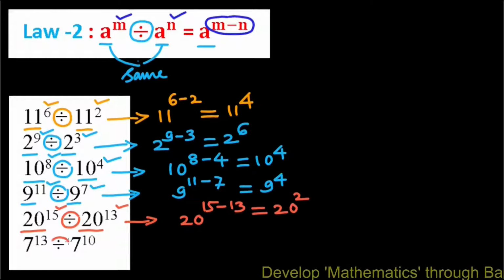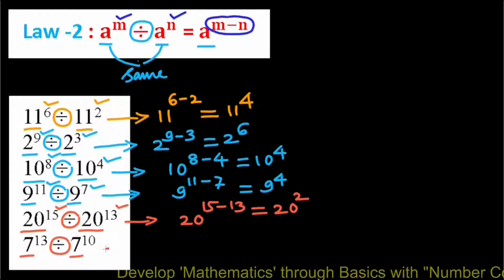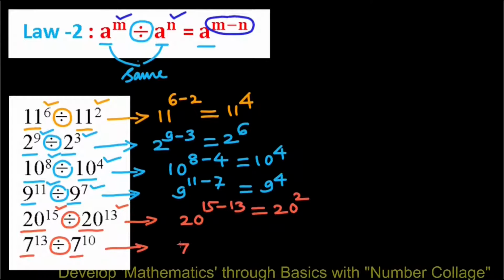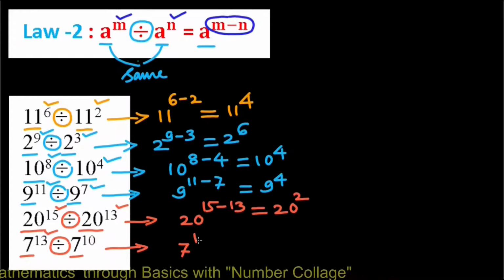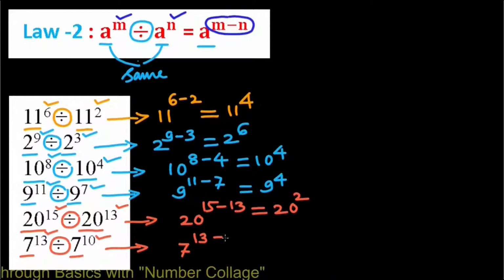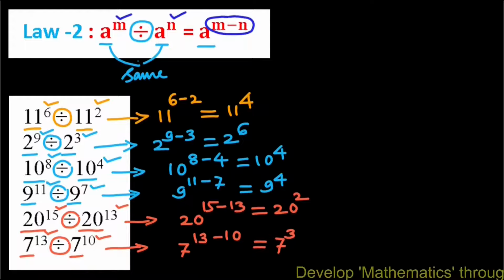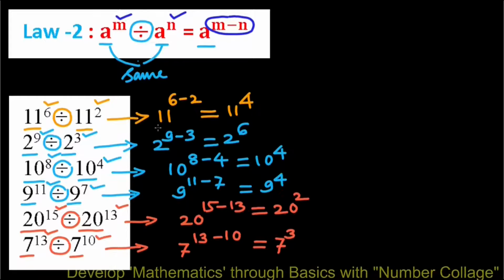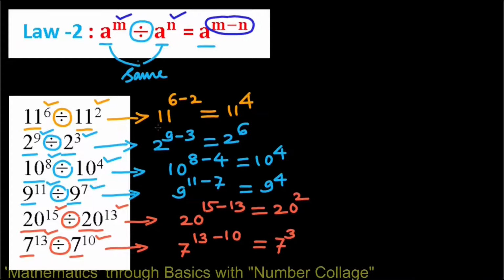There is division sign between the two numbers and the base is same, so we have to raise this same base to the power of subtraction of 13 minus this 10, which are their individual powers, so it will be 7 cubed. It is important to note that if the bases of the given numbers are not same, then this law cannot be applied.